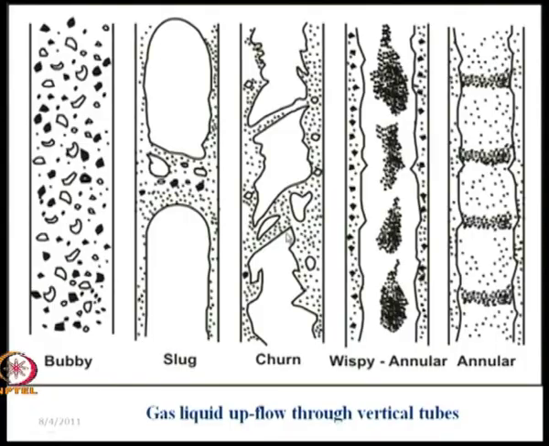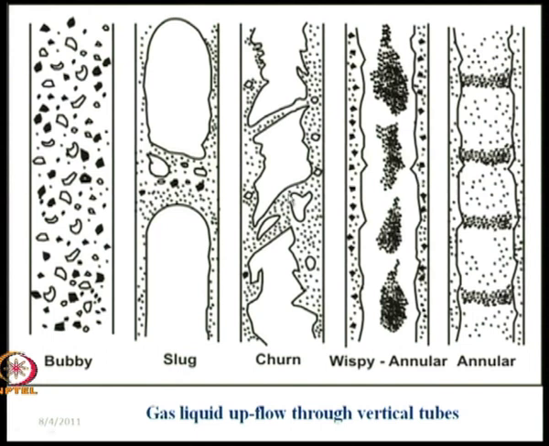It is just a bubbly mixture flowing up, liquid is a continuous phase and the bubbles are distributed. There is no variation with time. If you keep on increasing the air flow rate, you come to a situation where you get a periodic flow phenomenon characterized by alternate appearance of bullet shaped Taylor bubbles and liquid slugs.